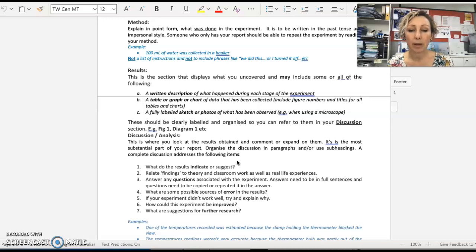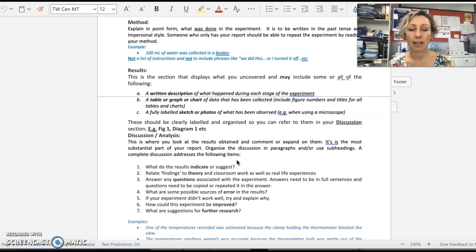If you have categorical data, such as blue eyes, brown eyes, or cats, dogs, so these are distinct categories of data, that is likely to be a column graph. A pie chart is when you are presenting fractions of a whole or percentages, and it's unlikely that you're going to use a pie chart in these reports.